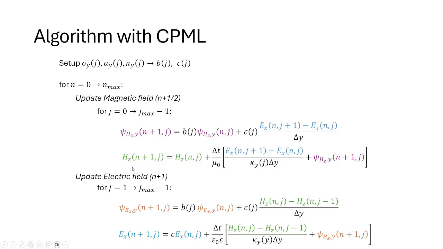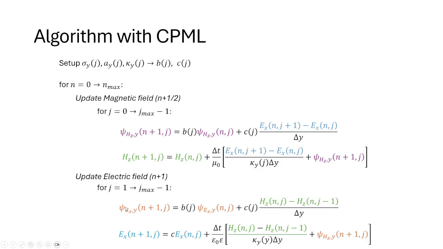And then we update our magnetic field, including that psi. And this psi will be 0 everywhere that's not the PML, so we can just include it in the regular update. And since it's 0 in the regular FDTD domain, it won't affect this update equation.